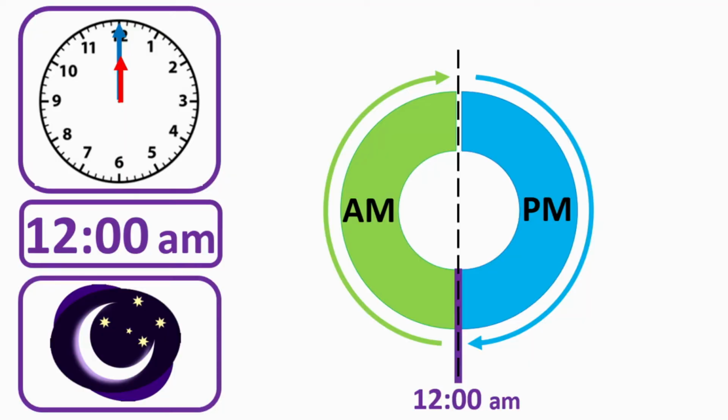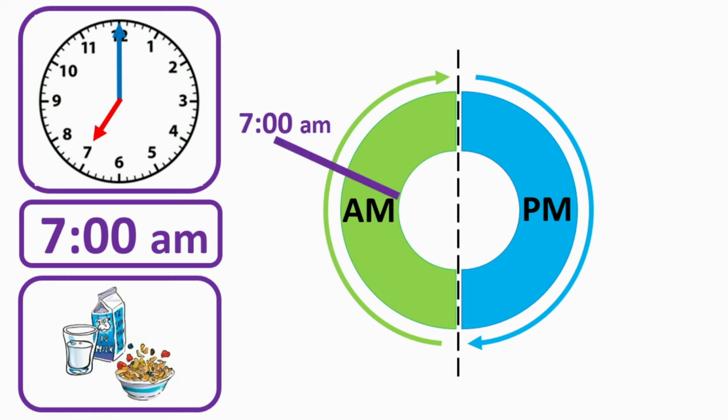Now, if midday, lunchtime, was 12 p.m., what do you think midnight will be? Midnight will be 12 a.m. Midnight is where the AM starts. And then time goes through the AMs, 1 a.m., 2 a.m., 3 a.m., 4 a.m., 5 a.m., 6 a.m., until it's 7 a.m. and your alarm goes off. You leap out of bed, ready for a new day.